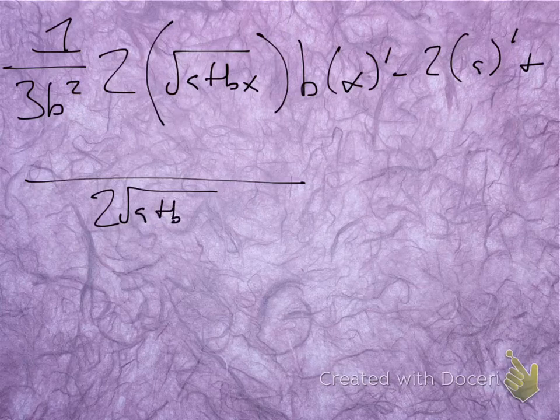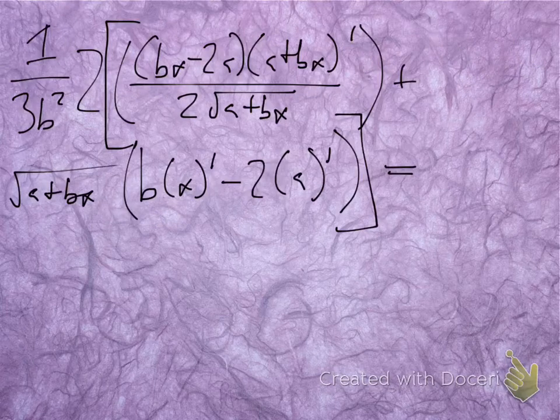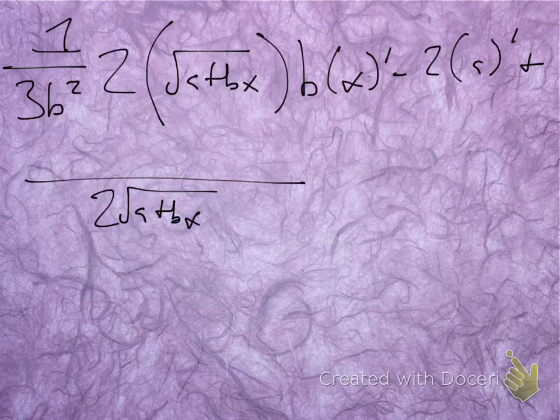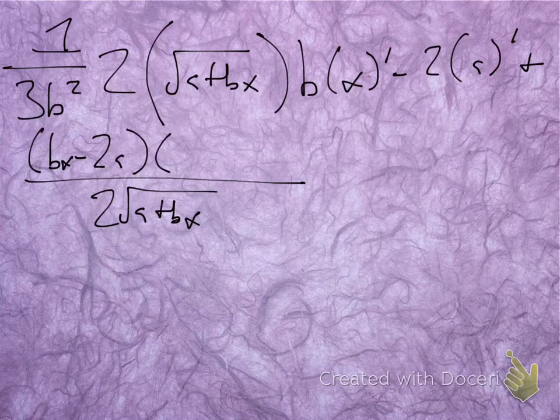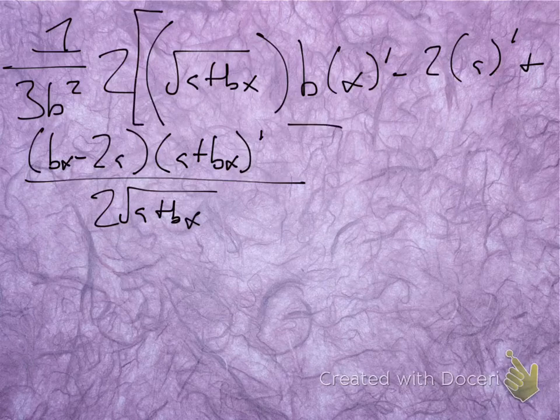And then on the top, bx minus 2a, then the derivative, so bx minus 2a times a plus bx prime. Okay, great. So this looks good to me now, finally.